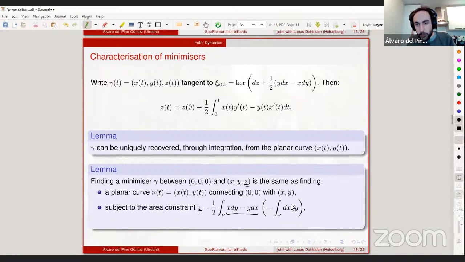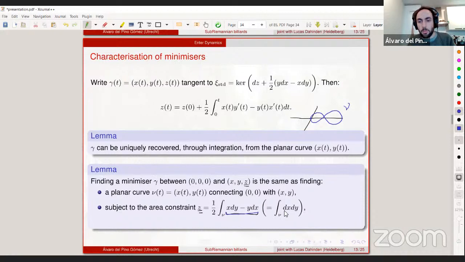Now let me explain this parentheses briefly. In the case where nu is closed, let's say nu is a closed curve. Then this one form that I'm integrating is like a line integral over nu. By Stokes' theorem, it's the same as integrating the corresponding two form.